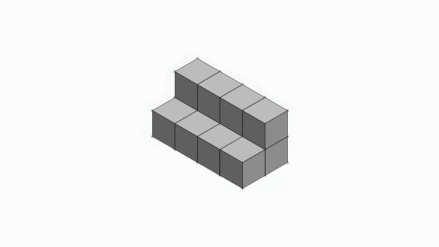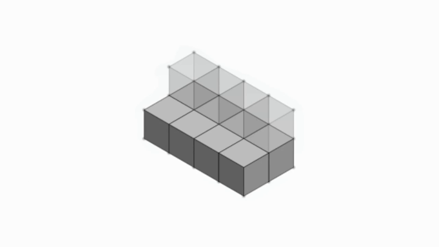So go ahead and tell me the total volume for this three-dimensional figure. And the correct volume is, so if you see there was a whole row, there's a bunch of hidden ones, and so the correct answer would be 12 cubic units.